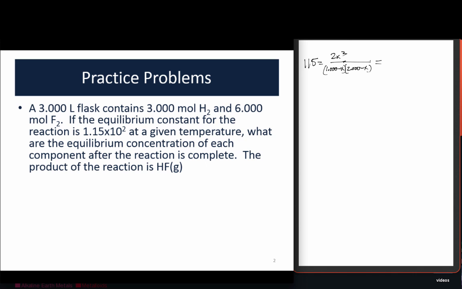Okay, so this is just from the other slide. So now we can square this top part, and because the 2x is inside the parentheses, we'll have 4x squared divided by, and then we can FOIL out the bottom, and we'll end up with 2 minus 3x plus x squared.